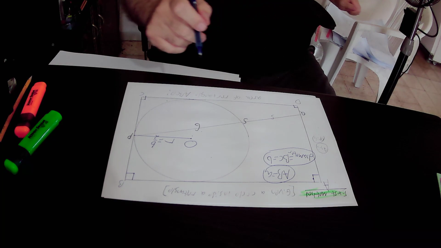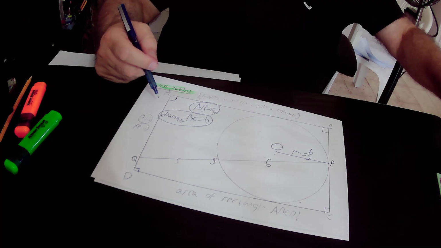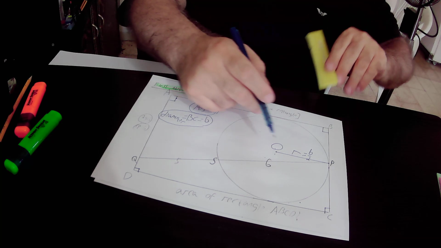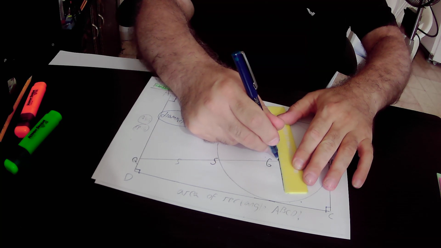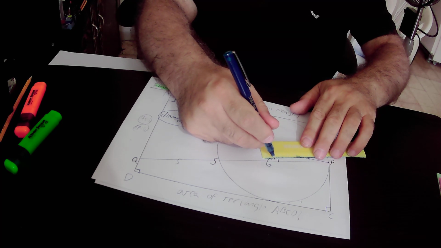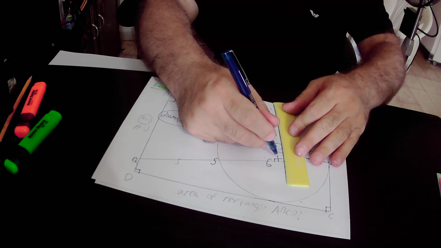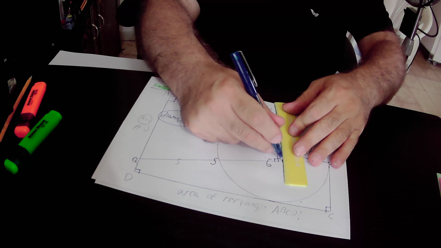Here from the center of the circle, that is to say from point O, we'll draw a perpendicular on chord SP. So here this angle equals 90 degrees, and this angle also equals 90 degrees according to our construction.